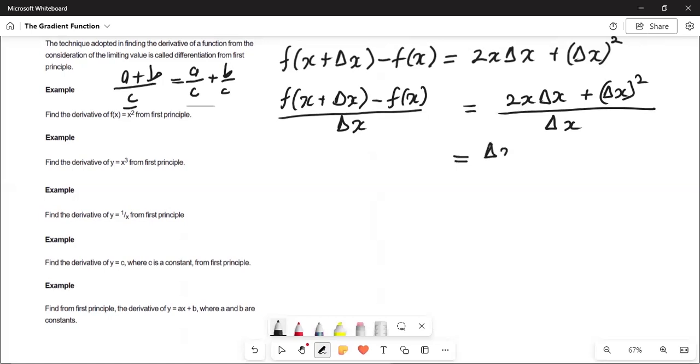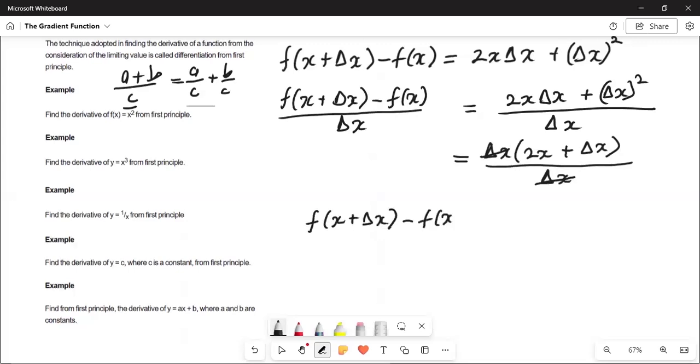So delta x into 2x plus, now I have delta x squared here, but I factorize it, so I'll be left with only one delta x here, then divided by delta x. So this delta x can cancel this delta x. So I have f of x plus delta x minus f of x divided by delta x is equal to 2x plus delta x.